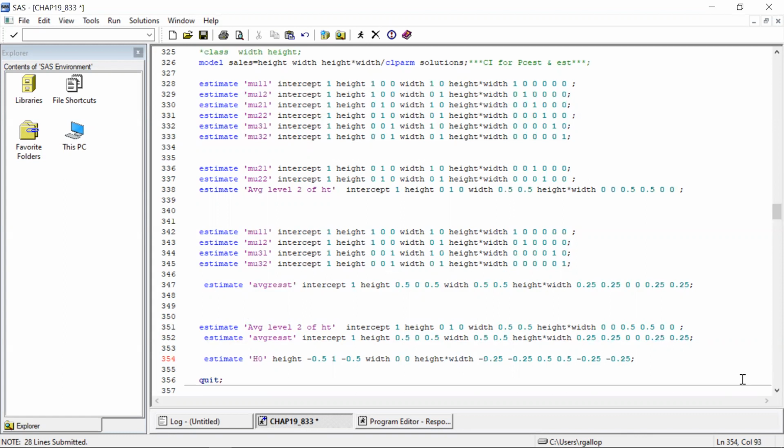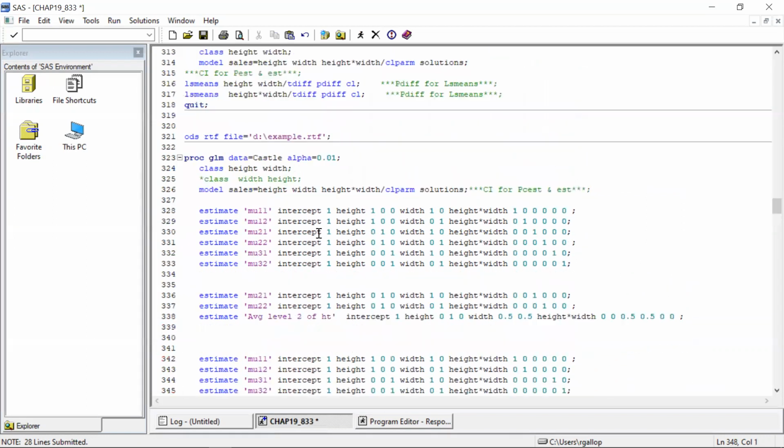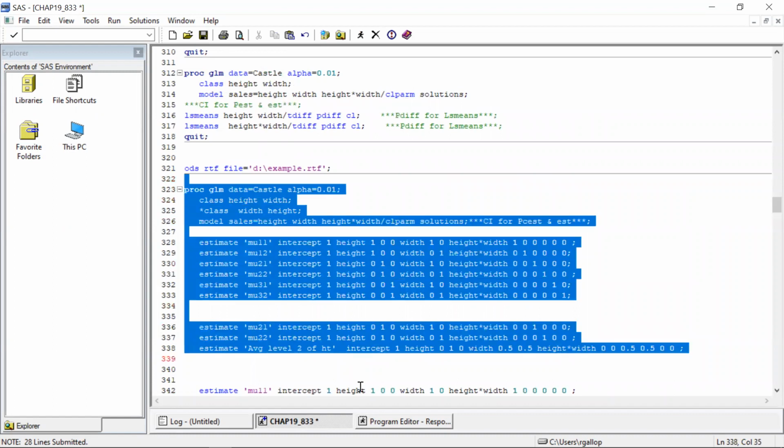Remember we said we had a legitimate contrast if the coefficients for each term summed to 0. That sums to 0. This is 0. Those terms sum to 0. So namely, is there a significant difference between the average of the middle displays compared to the average of the rest? Let's go ahead and take a look at the output.